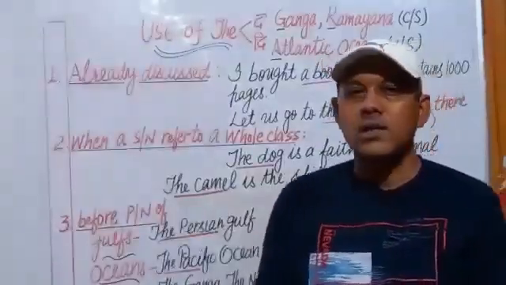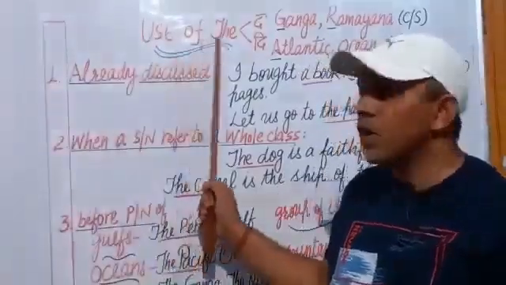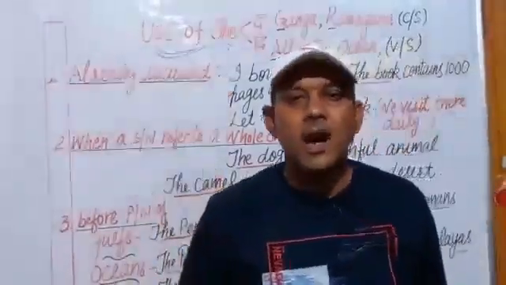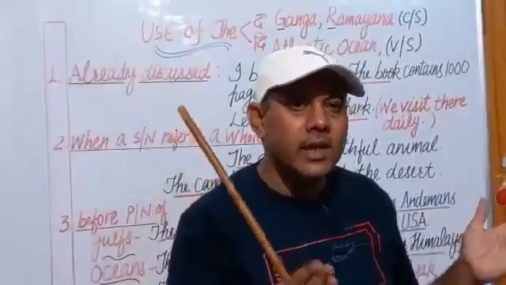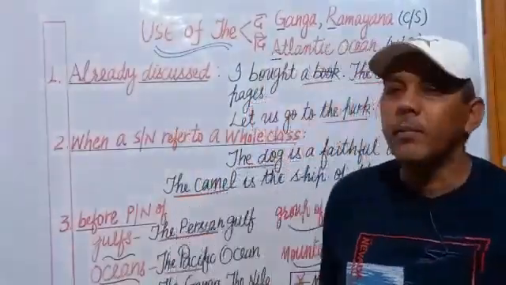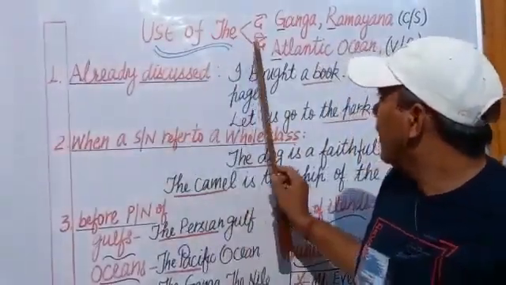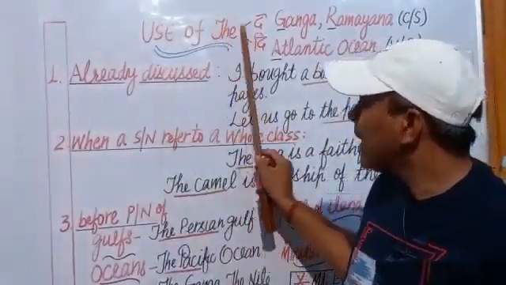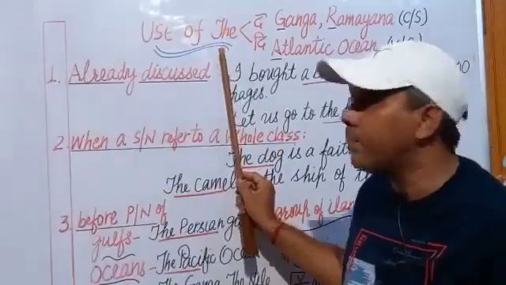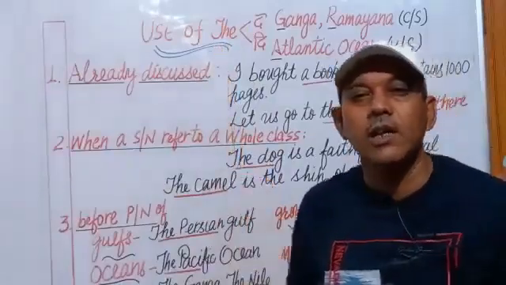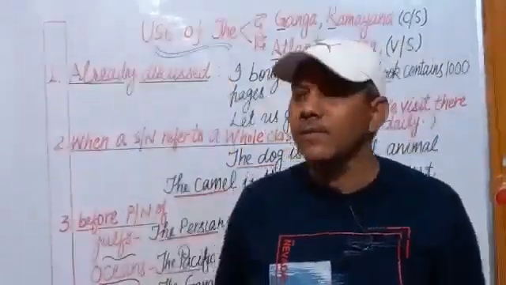I am going to discuss the use of the as an article in different sentences or before certain words. First of all, we shall discuss the pronunciation of the word the.